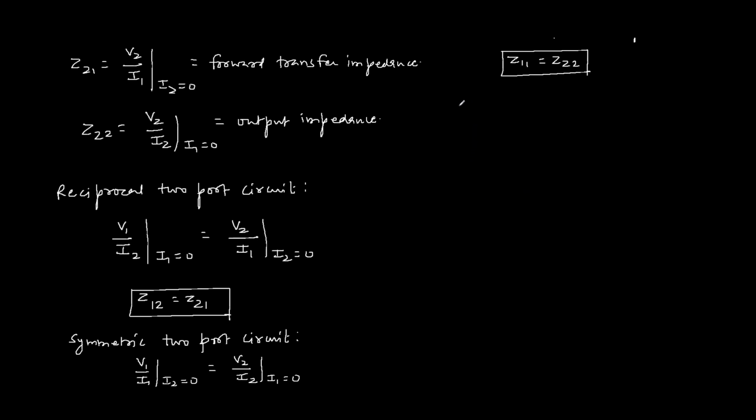Now we can draw the equivalent circuit for Z parameters. Equations are V1 equal to Z11 I1 plus Z12 I2. Second equation is V2 equal to Z21 I1 plus Z22 I2. In the first equation, in left side we have voltage of port 1 or input port.